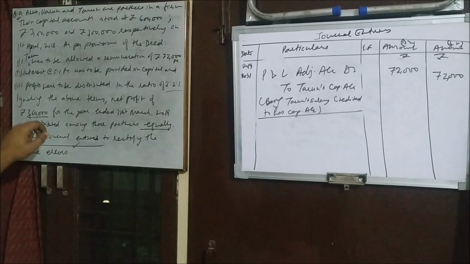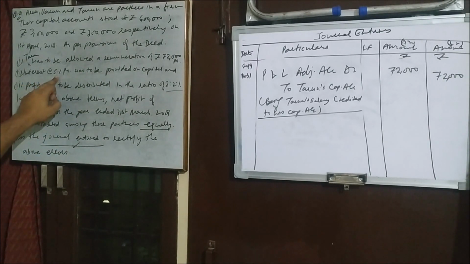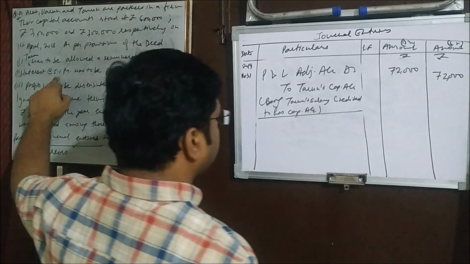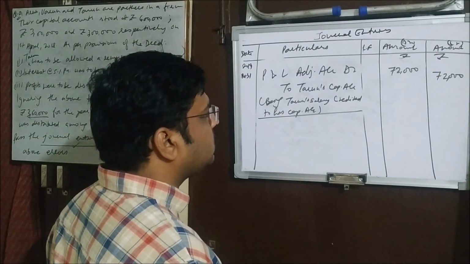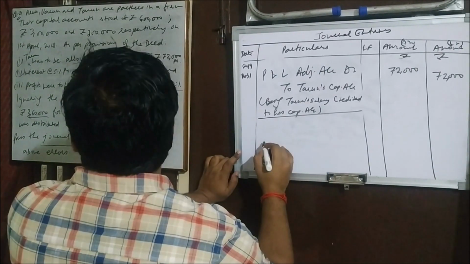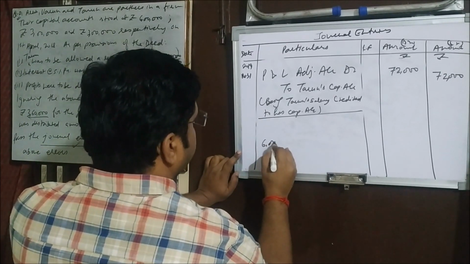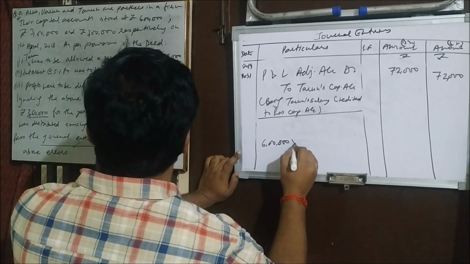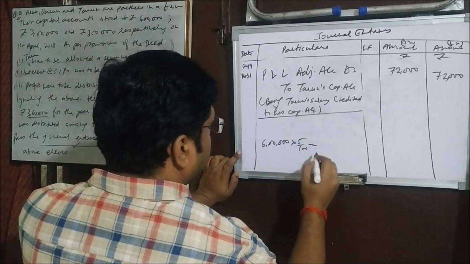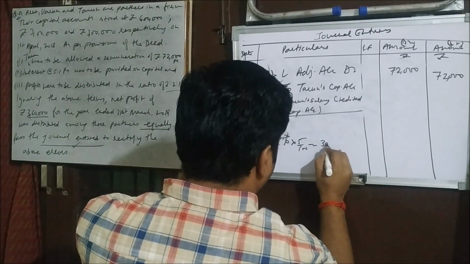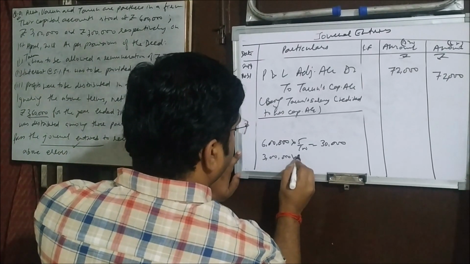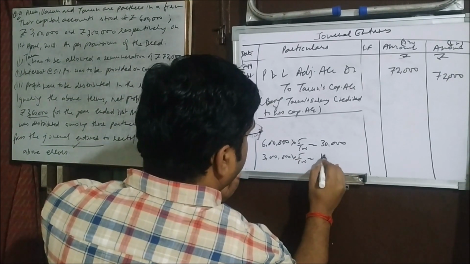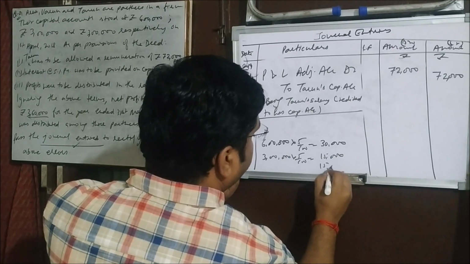Now, entry related to interest on capital. So very first, let's calculate the interest on capital, or we can pass the entry as well. On 6 lakh 5%, that is 30,000, and on 3 lakh 5%, that is 15,000, and again 15,000.